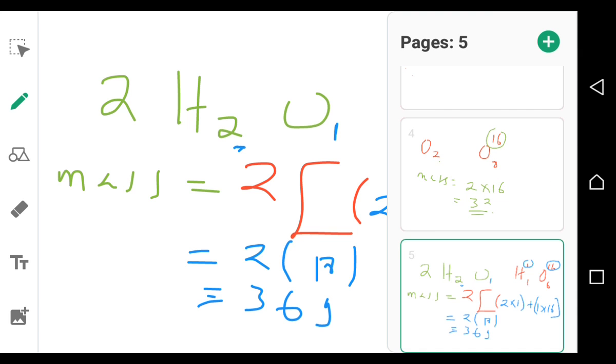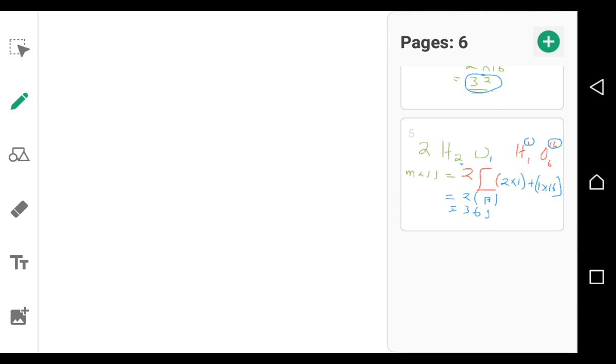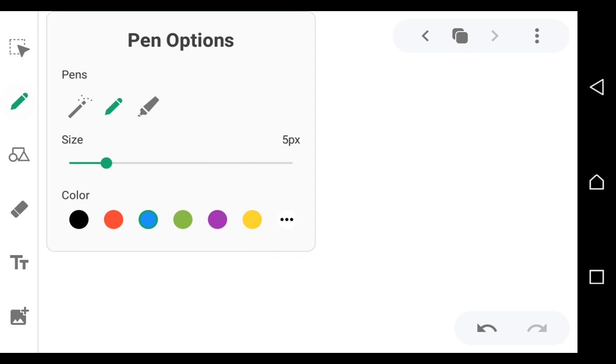So I've got two masses, the mass for oxygen and the mass for water. So you write oxygen first, because you had put oxygen first this side, and then this side is water.